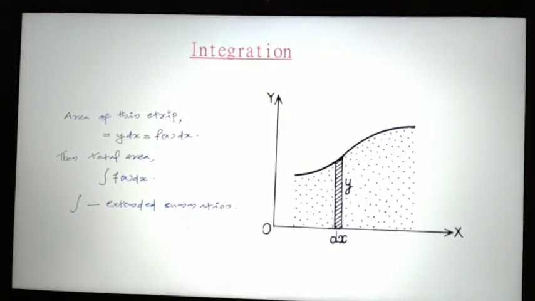But there are other examples of integration in which no such limits are given. From where to where you are integrating is not provided. Such integration is known as indefinite integral. In a definite integral the limits are defined, and in an indefinite integral the limits are not defined.